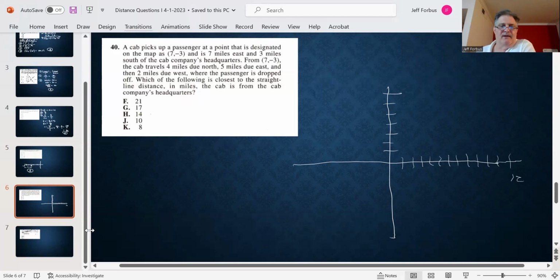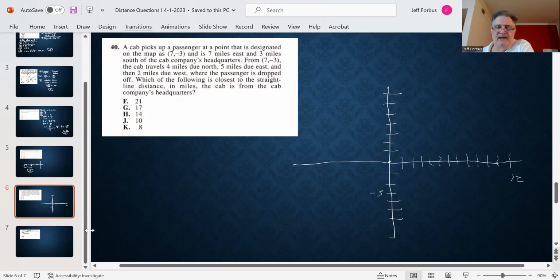And we know we're going to come down at least 3 on the y-axis. 1, 2, 3. There's -3. 4, 5, 6. Let's just put 6 there. And we don't look like we're using any numbers that are negative in our points. So they don't tell us where the cab company is.